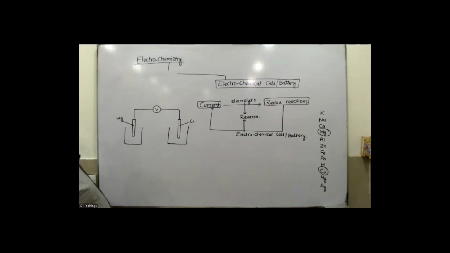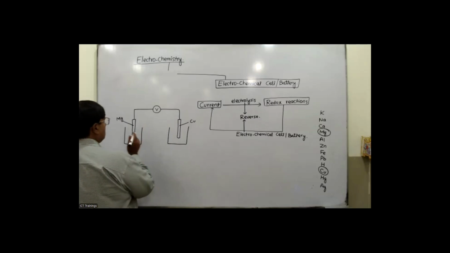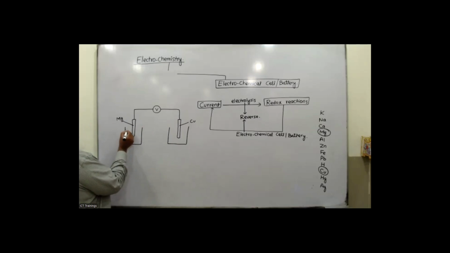Now this beaker contains the magnesium rod. So you should take a solution in which magnesium ions are present. You can take any magnesium compound and dissolve it in water.